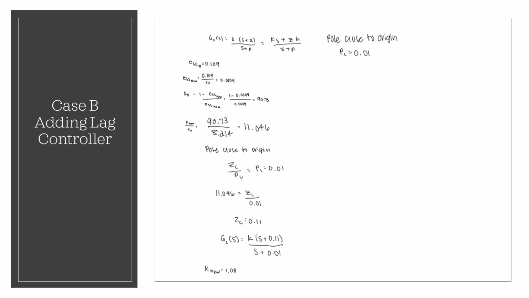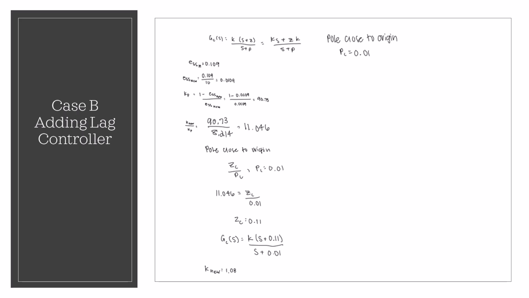We have to solve for our error new, our Kp new, and then decide where our pole is, so we can solve for our 0, which is ZC, and place those in the standard form, which will be K2 times S plus Z over S plus P. So our GC of S for case B is K2 times S plus 0.11 over S plus 0.01. You can see the work that I did there.